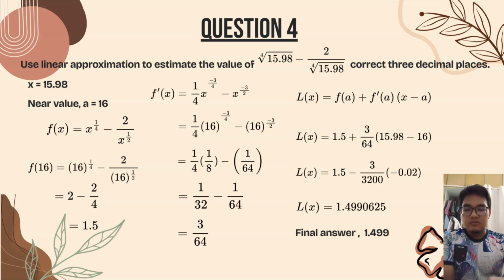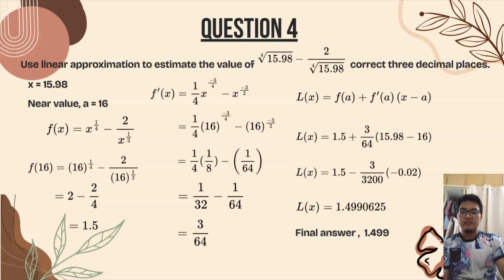Just write the numbers: 1 over 4 times 1 over 8 plus 1 over 16 equal to 1 over 32 plus 1 over 16. It will be 3 over 64, and that will be the number for our f prime 16.